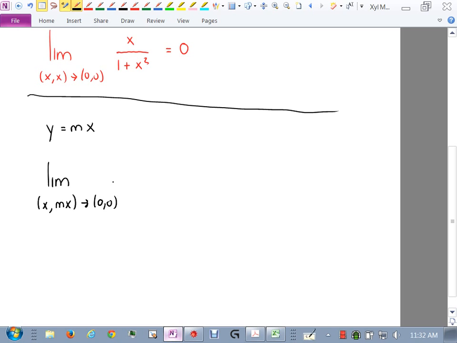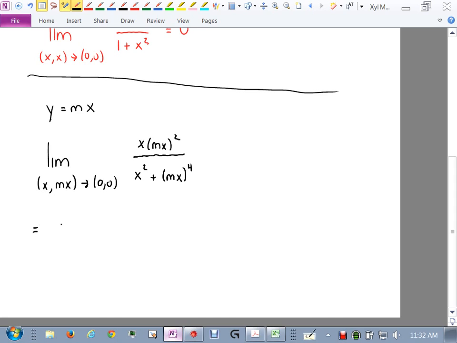of, now the function was xy squared, which for us will be x times mx squared, right, over x squared plus mx to the 4th, which is equal to the limit, I'm just going to do this. What does the top there become?